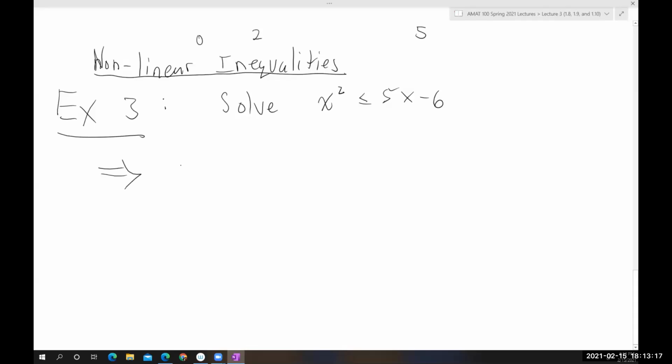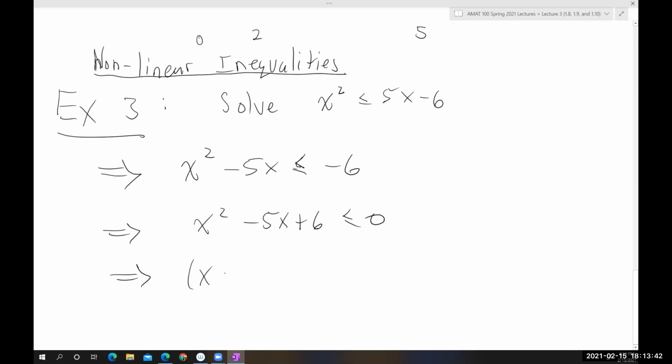So what we're going to do, we'll just do this in 2 steps. We're going to subtract 5x from both sides. That will give us this, and now we're going to add 6 to both sides. And then finally, we're going to factor.